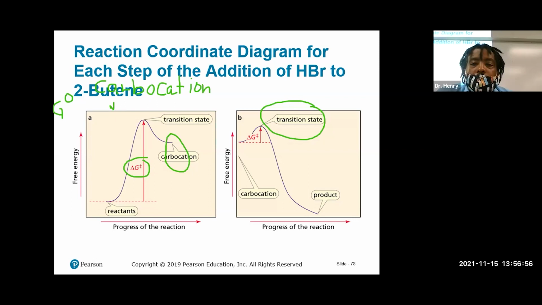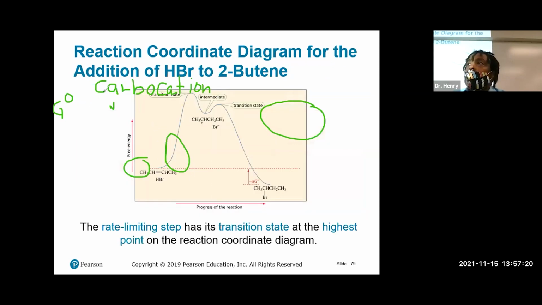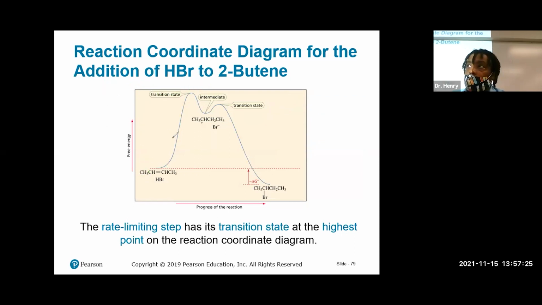So if we look at it, these are two steps. So this represents each step. So we have the very first step, which is the carbocation. And then we go from our carbocation to the formation of our product, right? So two steps. So if we looked at it together, that's our very first intermediate.